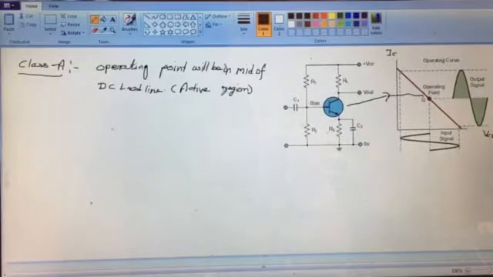There exists a collector current IC even in the no signal condition. Here we have not provided any signal. In that case also there will be collector current, and that will be maximum, and when a signal is applied the amplification given by this amplifier is maximum and there is no distortion.